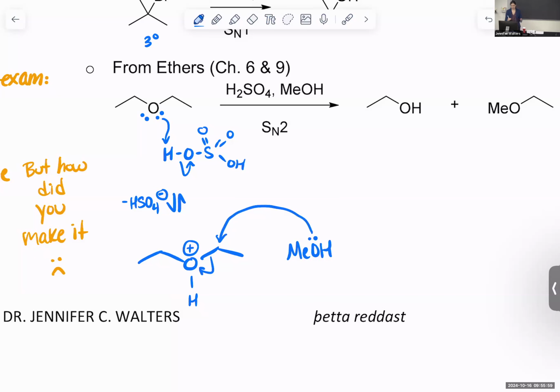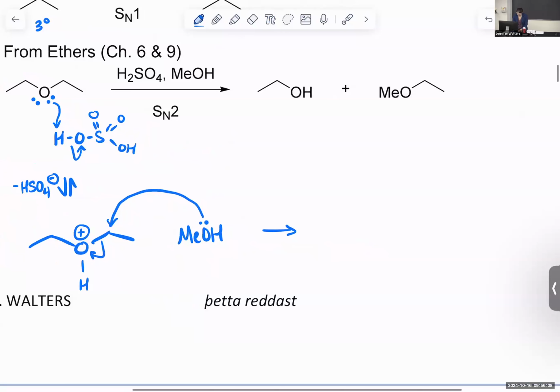So it has to happen all in one go. Nucleophile attacks as the leaving group is leaving, all in one step. And again, you can do equilibrium arrows here if you want. It technically is more correct, but I'm cool with you just showing a forward arrow just to show the progress of it. I don't care how you do it. It's just the Bronsted acid base that must have equilibrium arrows.